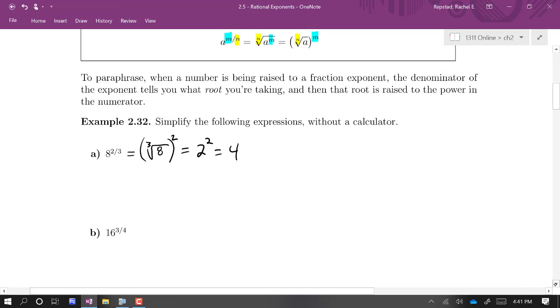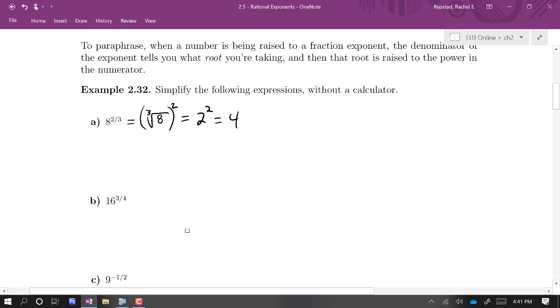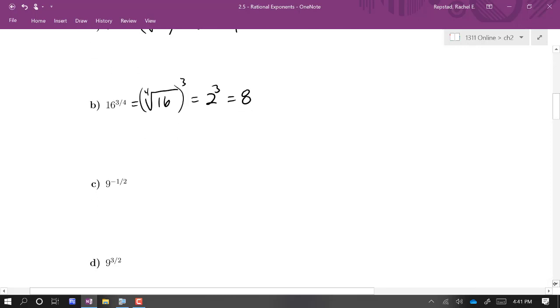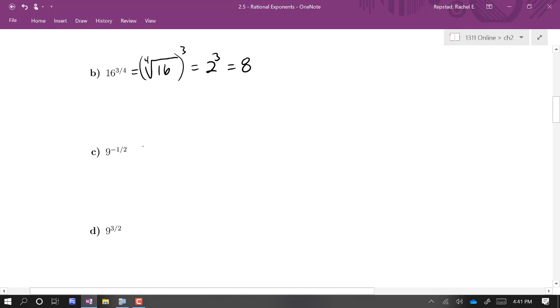16 to the 3/4 power. Well, that's the 4th root of 16 raised to the 3rd power. The 4th root of 16 is 2, and 2 cubed is 8. 9 to the negative 1/2 power.